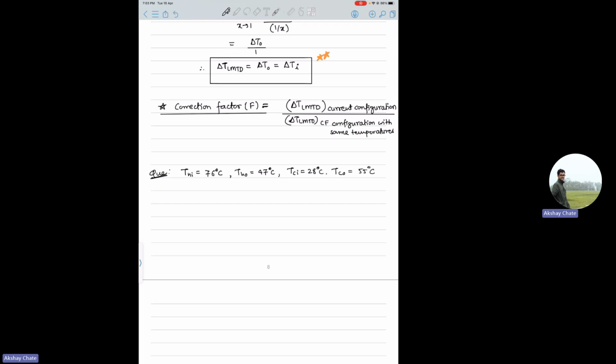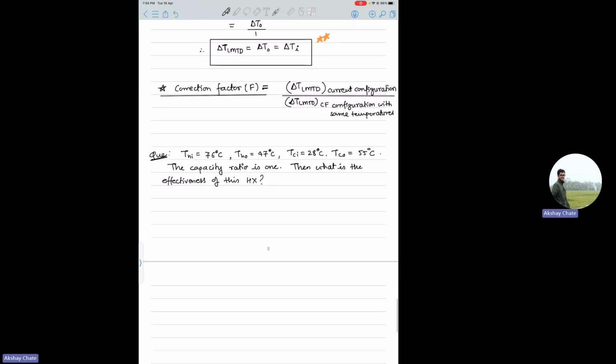So all 4 temperatures are given. And the capacity ratio is 1. Then what is the effectiveness of this heat exchanger?